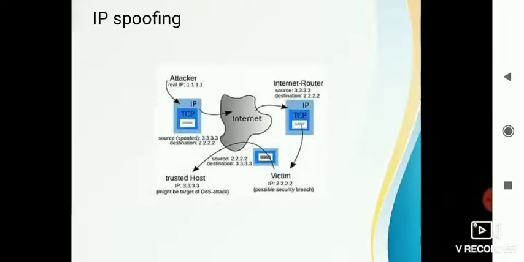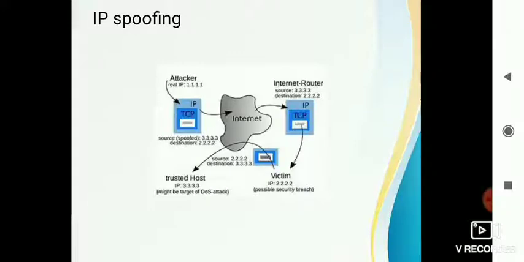In IP spoofing, there is the attacker, the host, and the victim. When the host sends data packets through the network to the receiver, the attacker tries to intervene in the process by spoofing the host IP address and starts communicating with the receiver.